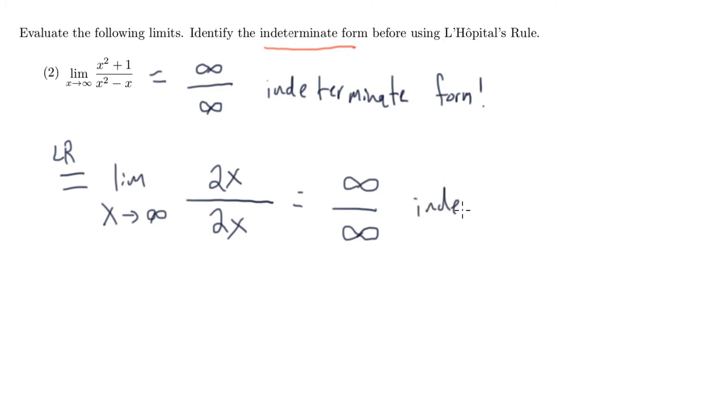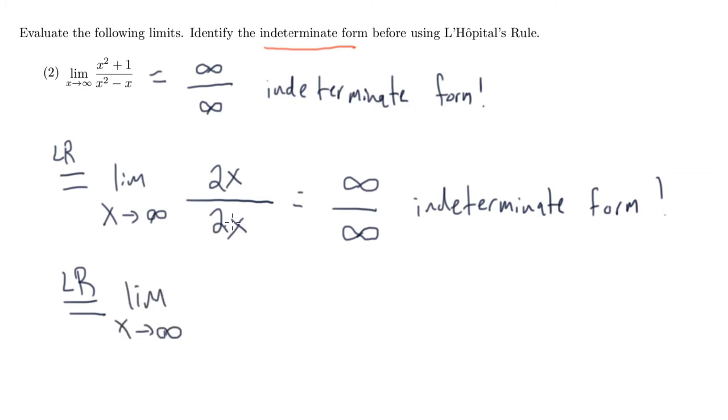Again, I need to justify that this is an indeterminate form. And because I still have an indeterminate form, I can apply L'Hopital's rule again. So this limit by L'Hopital's rule is equal to the limit as x approaches infinity. This time the derivative of the numerator is 2. The derivative of the denominator is also 2. But 2 over 2 is 1. The limit of a constant is just that constant, so we get 1.